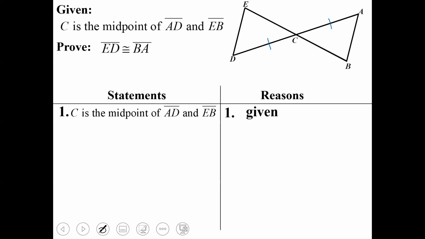Okay, y'all look, they also tell us that C is the midpoint of line segment EB. So what do we know about the distance from E to C and B to C? Good, they are also congruent. Okay, y'all, we're just marking. We'll go back and list the reasons in just a second, okay?